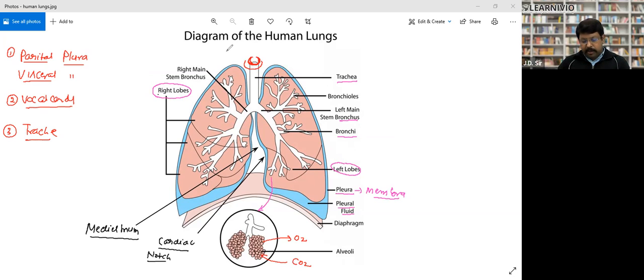Trachea bears rings, underline. It has been asked in medical examination, which cartilage makes trachea? In animal tissue, we have studied. Trachea bears rings of hyaline cartilage, which are incomplete posteriorly.